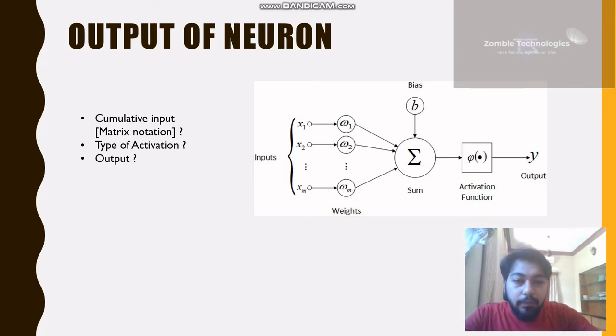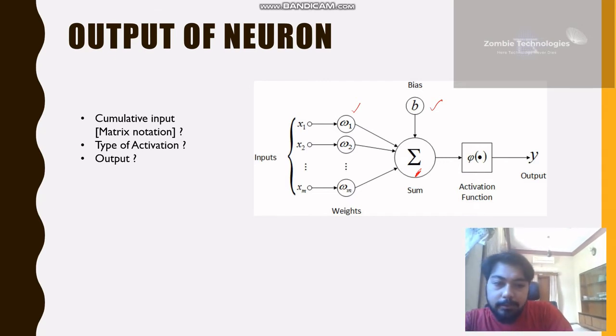So we know that we have inputs x1, x2, x3 coming in, and they get multiplied by the corresponding weights, and then all the inputs are summed up here. A bias is also added, and when we pass it through the activation function, we get the output.